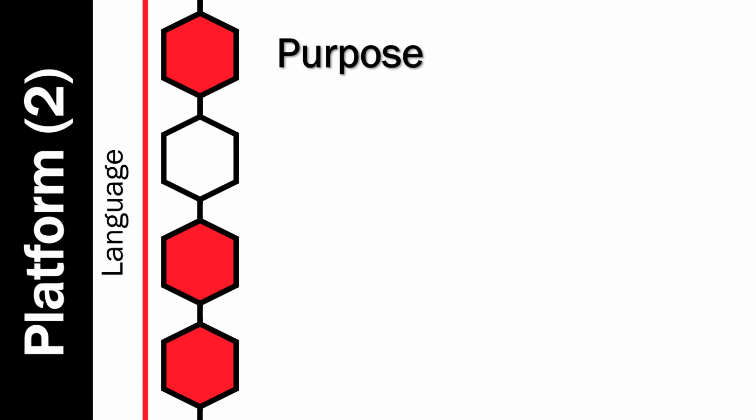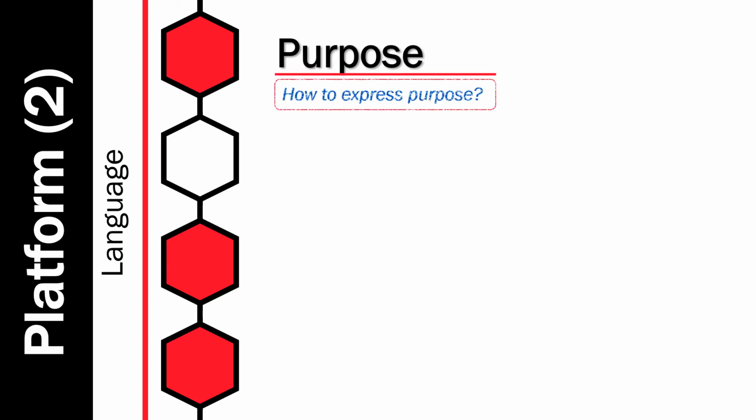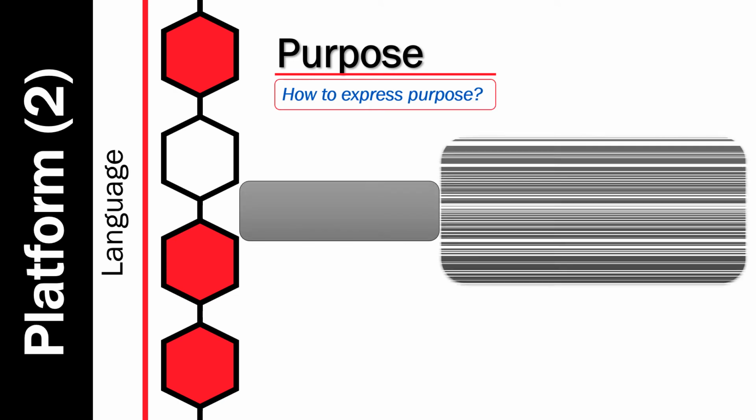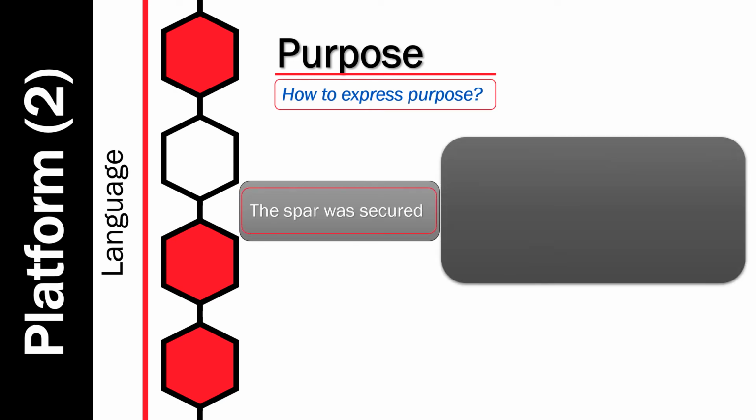Let's move now to the second part in our lesson and how to express purpose. We have two ways. The first one, like in the example, the spar was secured. Why? In order to avoid it from moving around.